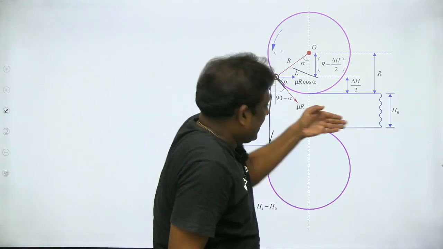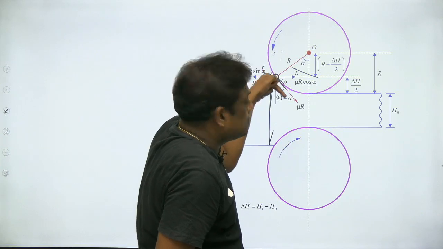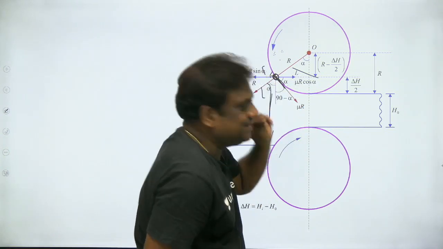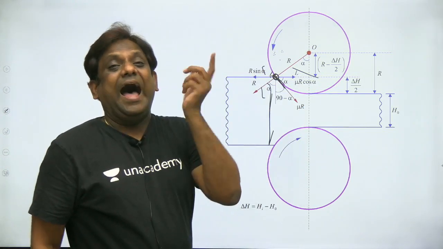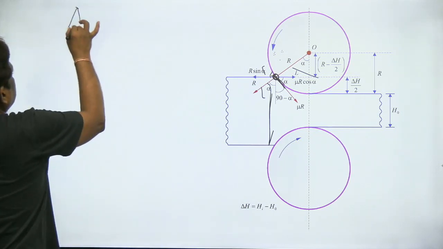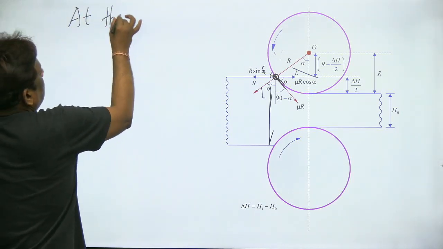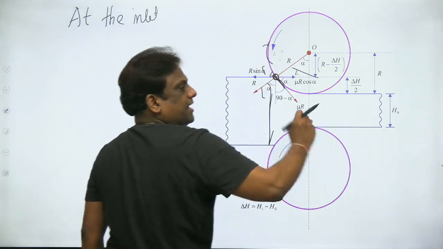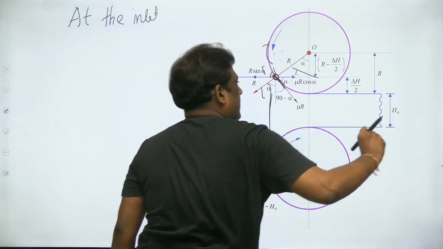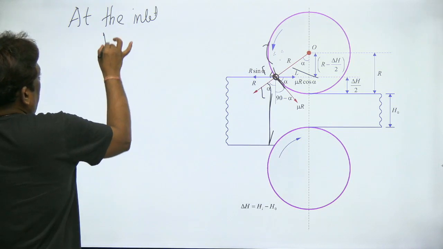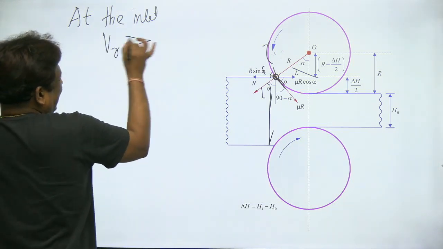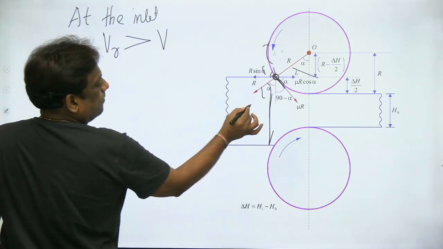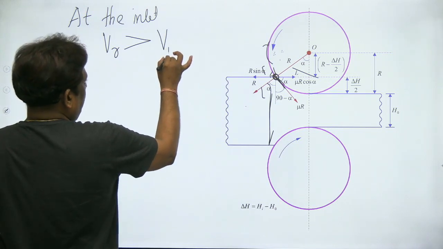Therefore it should drag. Friction is used in deforming this. So at the inlet, only if its velocity is more will it pull the strip. So at the inlet, my roller velocity is greater than my component velocity, that is VI.